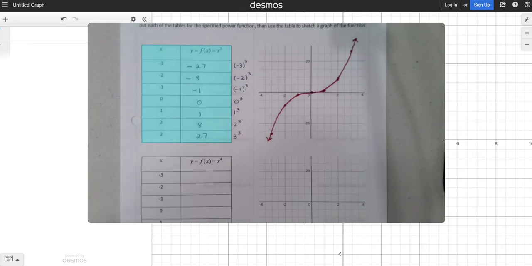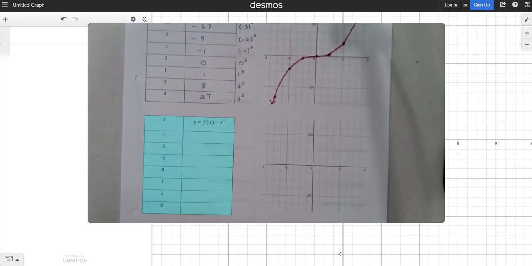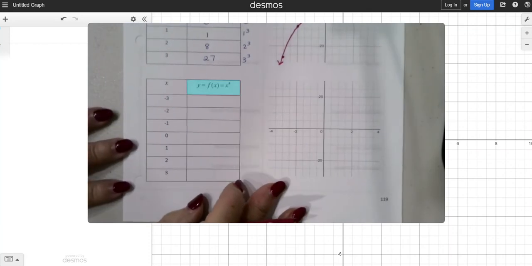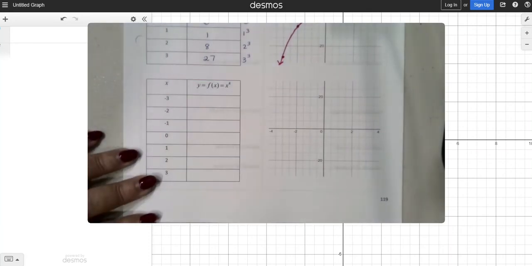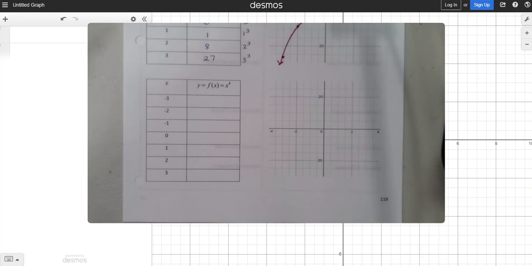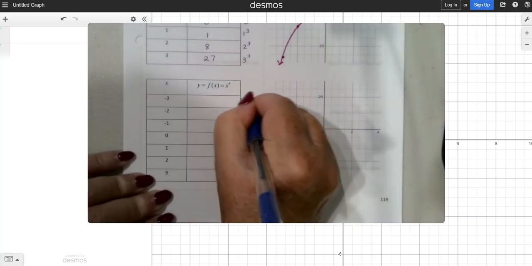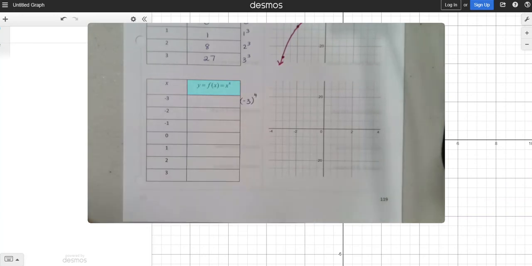Let's try one more. I'm going to try the x to the fourth function as well. So another power function, 1 degree higher. We'll start by plugging in our values again. Negative 3 to the fourth power.